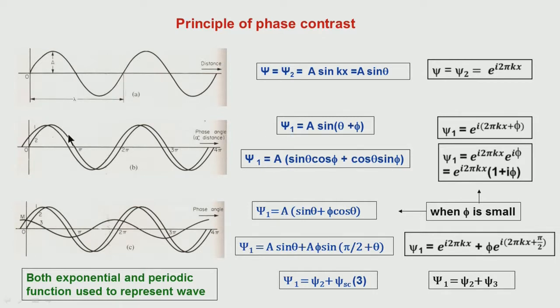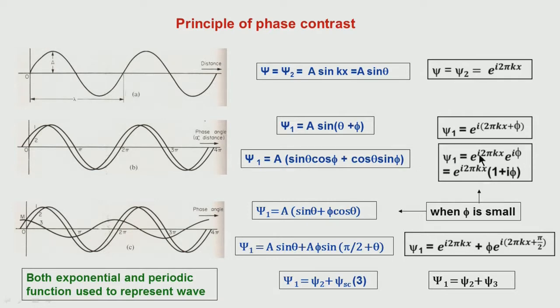This is the initial wave, and this corresponds to the scattered wave, which we can write as A sin(theta plus phi), where phi is the phase, which could be a lag or a lead. This expression, if we now try to expand it, we can write in this form.